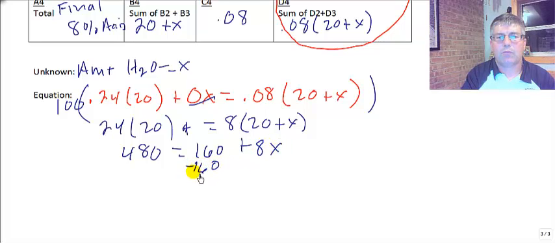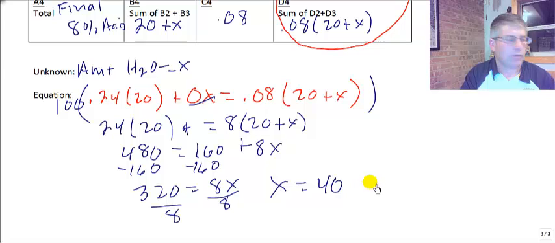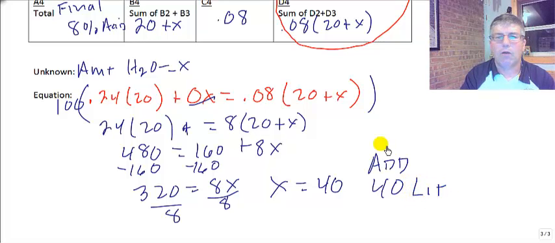I'm going to subtract 160 from both sides. And I'm going to get 320 equals 8x, dividing by 8, and x equals 40. So apparently I have added 40 liters of water at 0% acid. That'll get me to an 8% acid solution. So my final solution will be 60 liters.